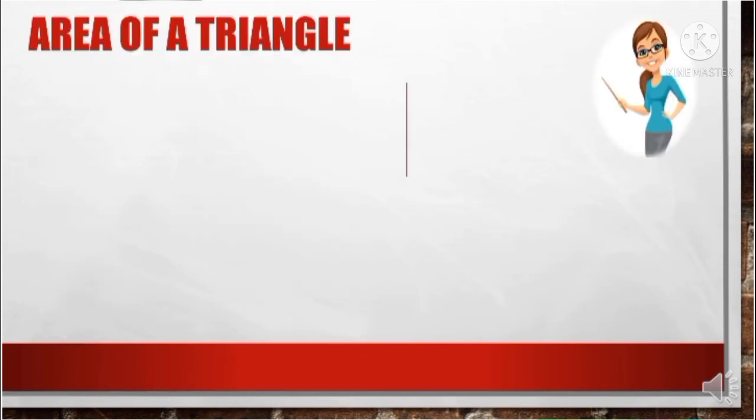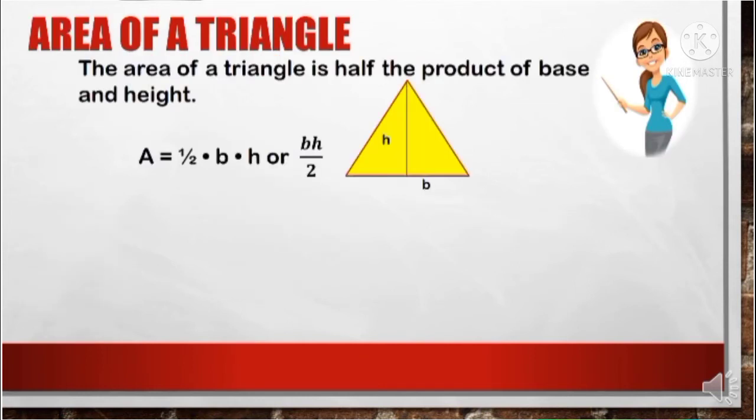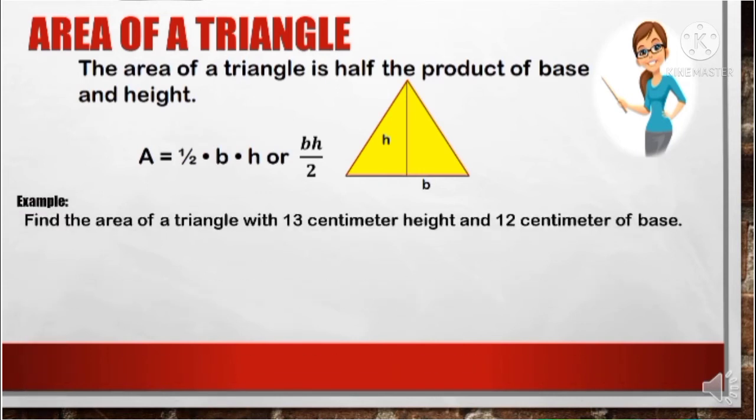Moving on is the area of a triangle. The area of a triangle is half the product of base and height. Our formula is A equals 1/2 times B times H, or simply you may use B times H divided by 2. For example, find the area of a triangle with 13 centimeters height and 12 centimeters of base.